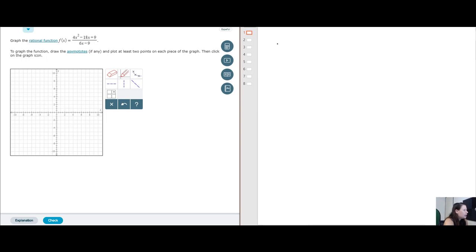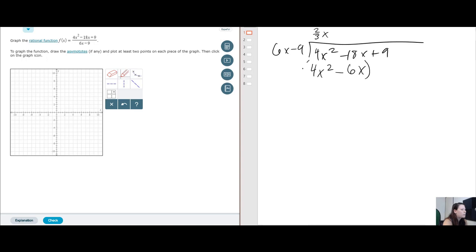So we'll have 6x minus 9 going into 4x squared minus 18x plus 9. 6x to 4x squared. Well, 6 has an extra 3, but not enough 2's, so that would be 2/3 x. Multiply, so that's 4x squared minus 6x.